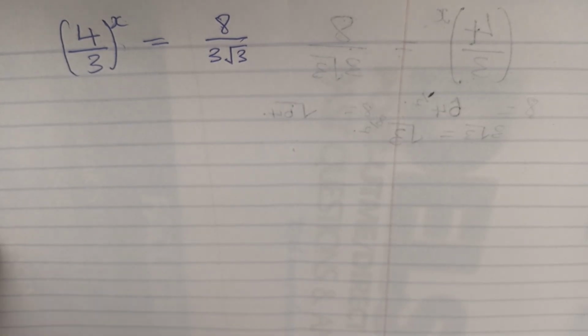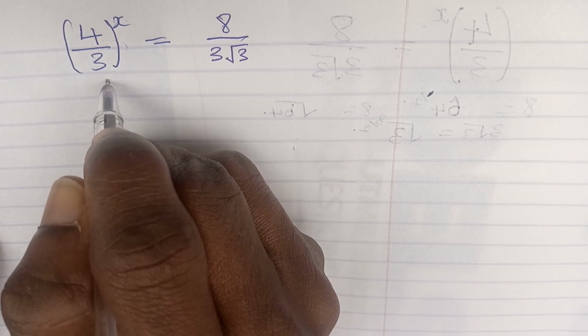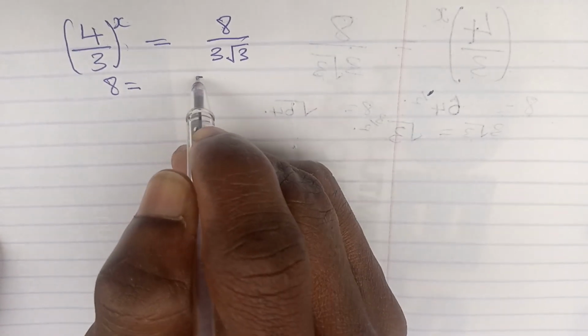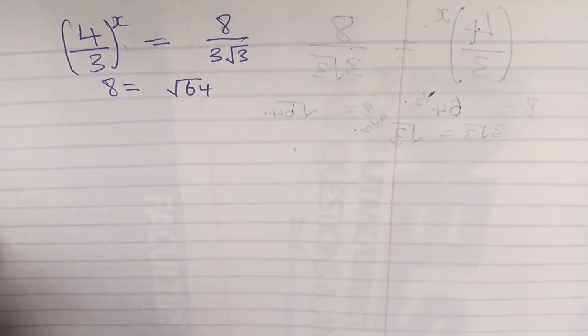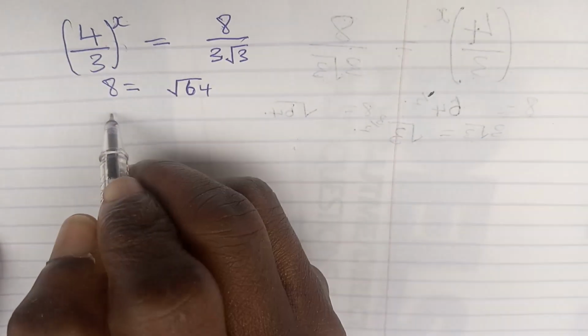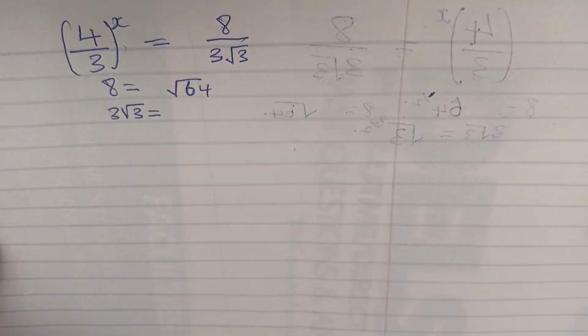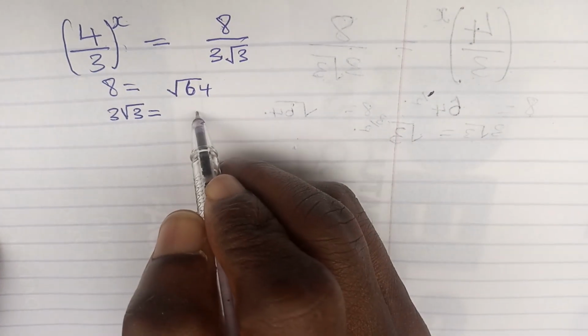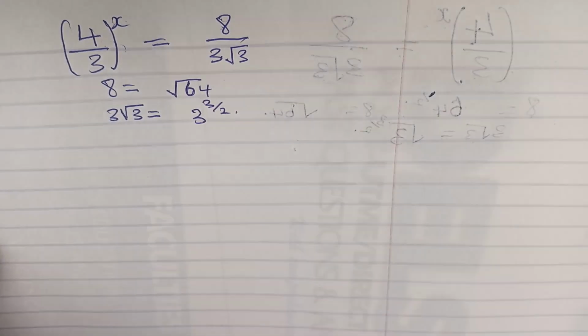Okay, we are going to apply a little mathematical logic. Recall, your 8 is equal to what? The root of what? Of 64, right? Root of 64. And this 3 root 3 is also equal to 3 to the power of 3 over 2.